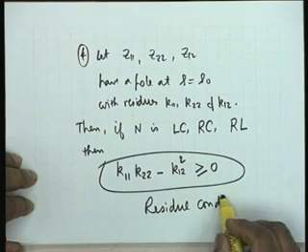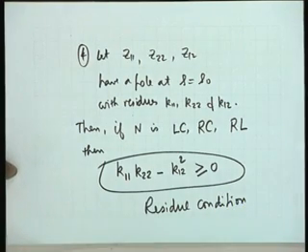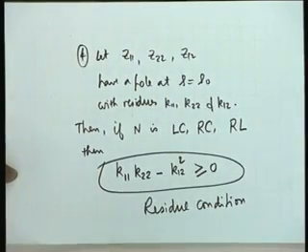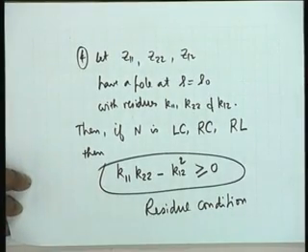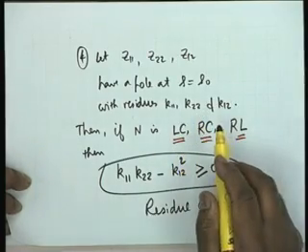As I said, I cannot prove this in this class, but I can definitely illustrate by means of an example. The restriction is that the network has to be two element kind.